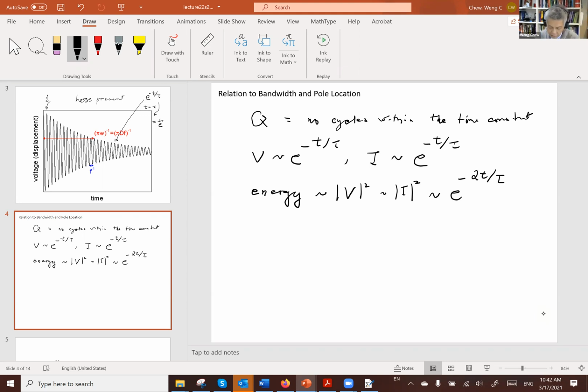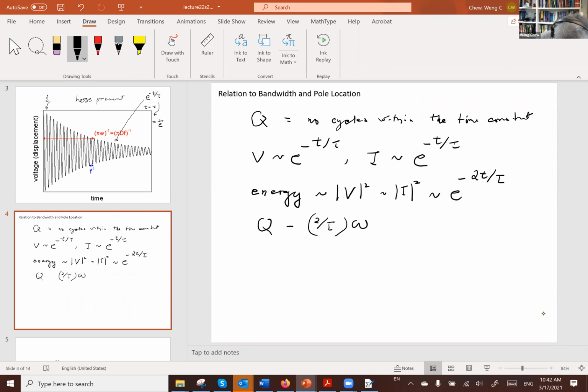It will decay with twice the rate. So the number of cycles within this time constant is given by omega.